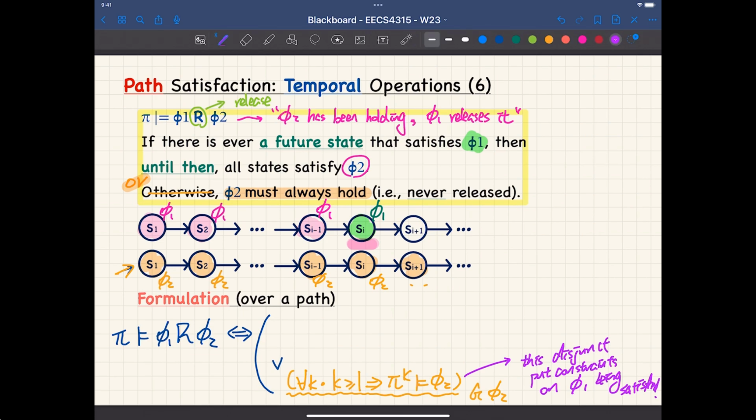All right, for that one, this case over here. So we're going to do, there exists i larger than or equal to 1, and then we're going to say pi i satisfies phi 1, right? That's exactly the phi 1 over here at state i.